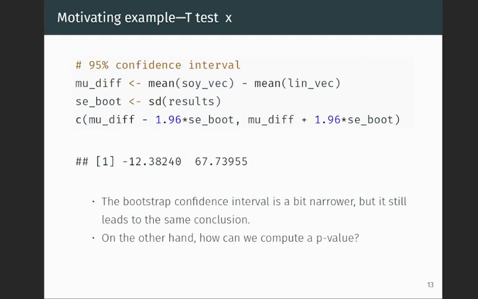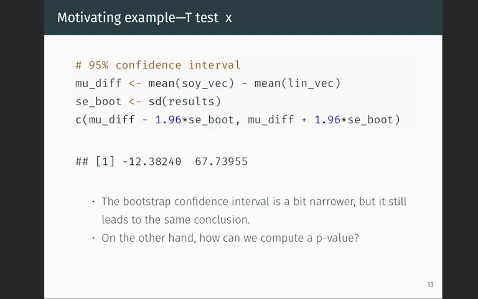And then we can compute a 95% confidence interval using, for example, the normal bootstrap confidence interval. So first I'm computing my statistic, my estimator for the difference in means, which is simply the difference in sample means.